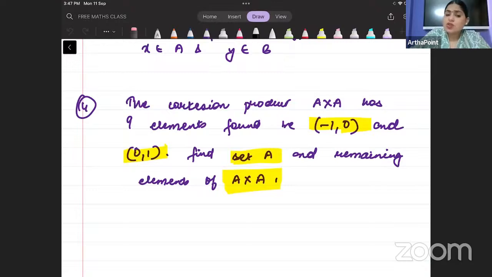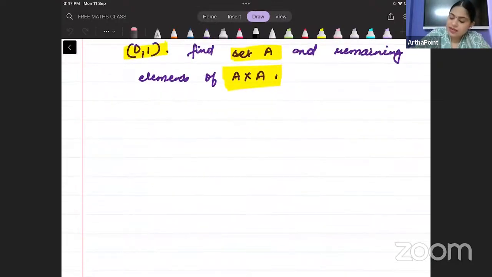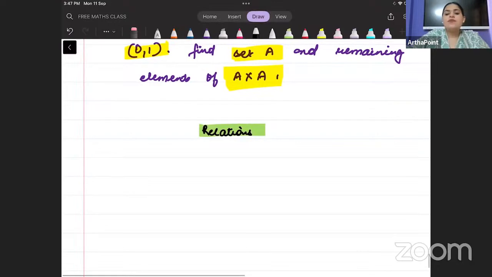Okay, so let us start by understanding what are relations. But for a relation to be built, look, in normal life, whenever you want to build a relationship between two people, what do you need?